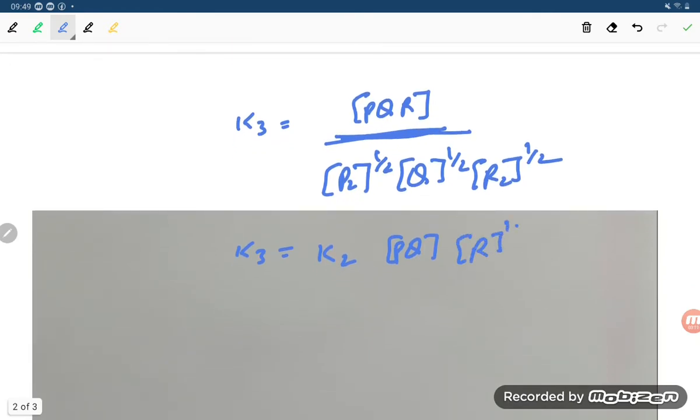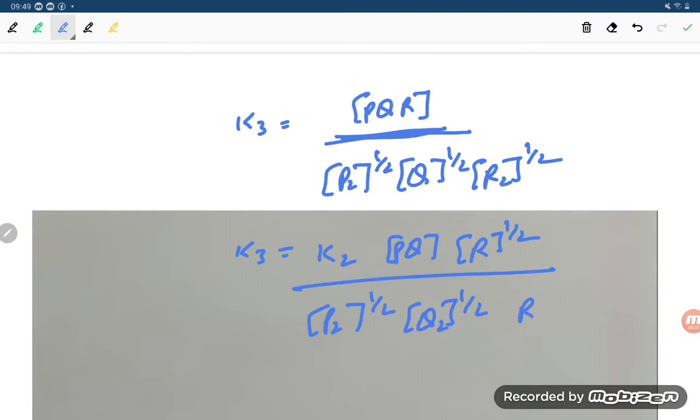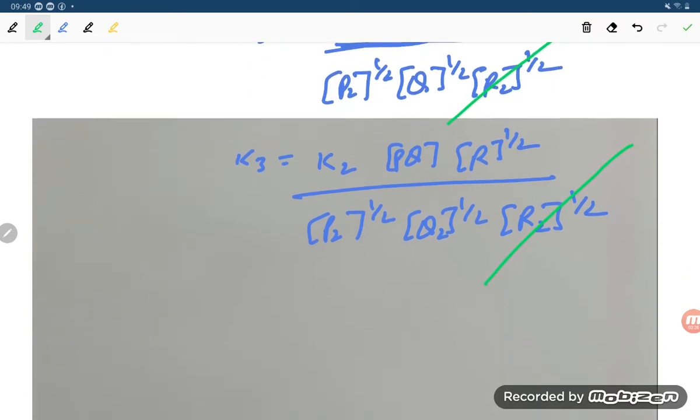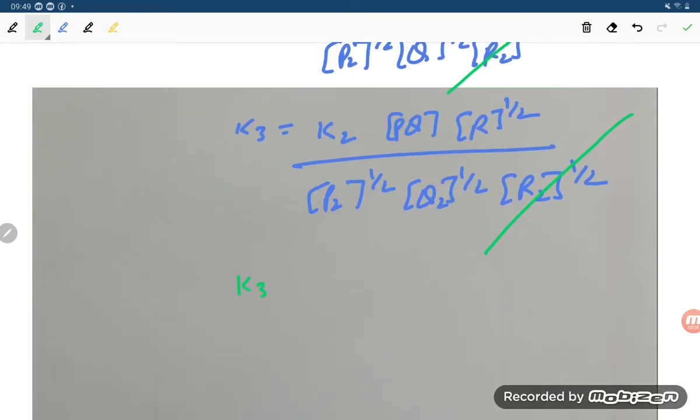Substituting, R2 power 1 by 2 cancels out. So what is left is K3 equal to K2 [PQ] divided by [P2] power 1 by 2 and [Q2] power 1 by 2.